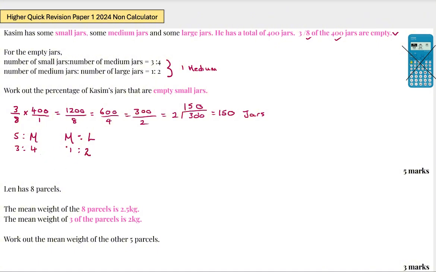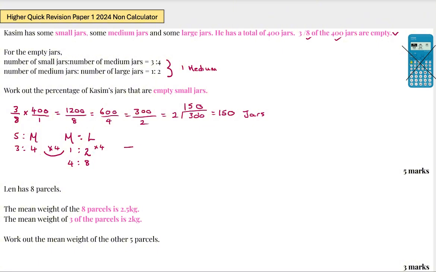So what we need to do is get rid of one of these. So it's just 3 small, medium, large. I'm going to combine these. So I'm going to times this by 4 and this by 4, which is 4 to 8. Now I only have one medium.